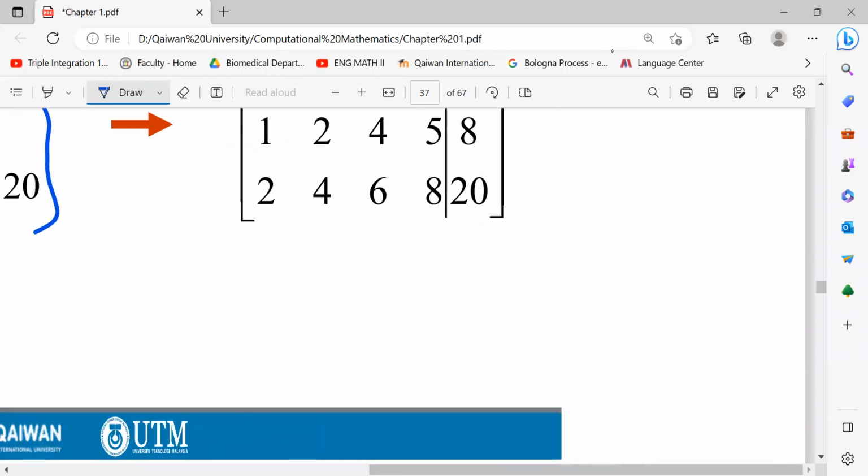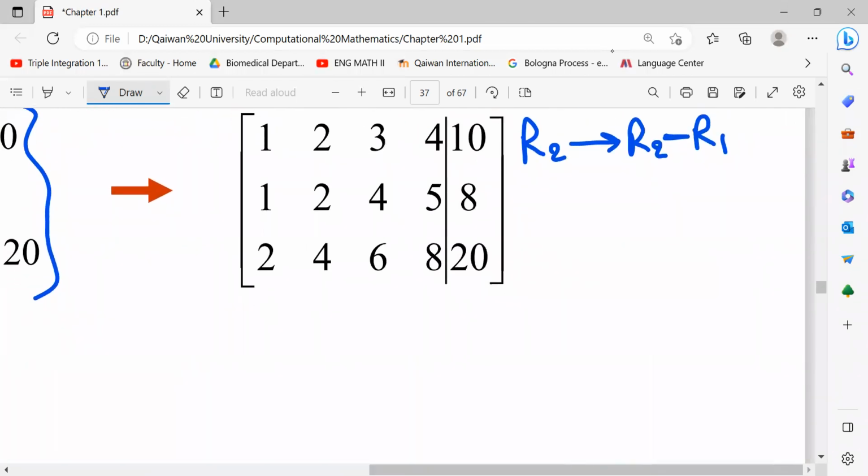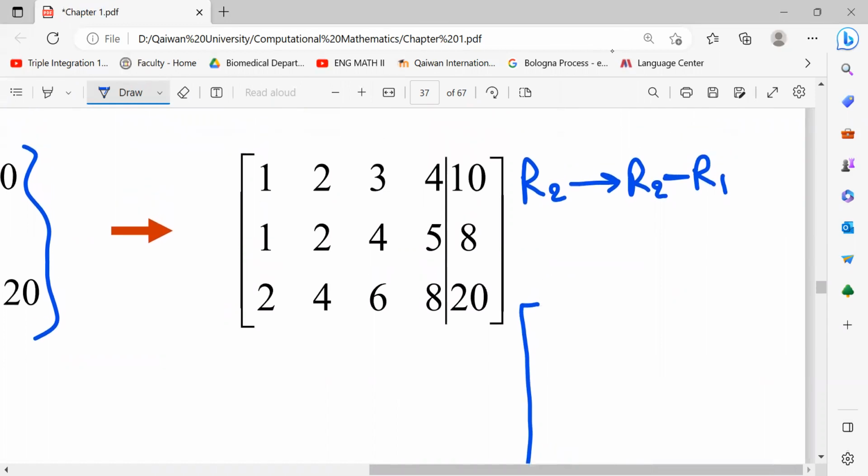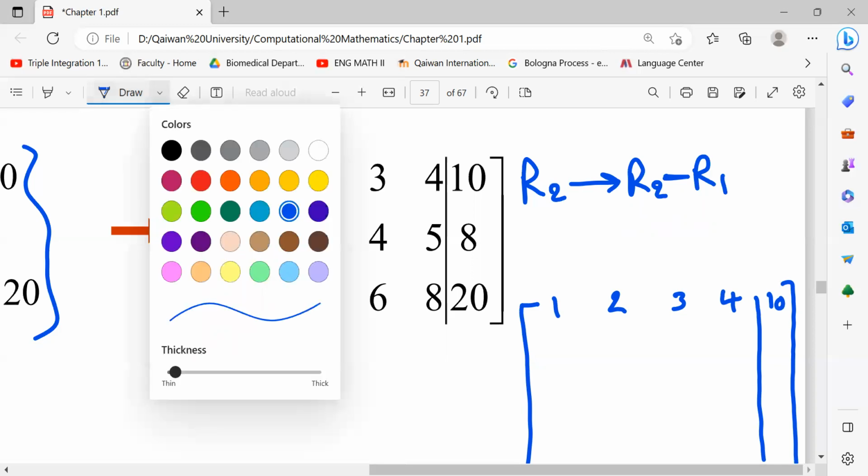Let's write down the matrix that we get. The first row is still the same because we haven't made any change in row 1. So we write down the same: 1, 2, 3, 4, and 10. Then, in the second row, we just subtract row 1 from row 2 to change that entry to 0.